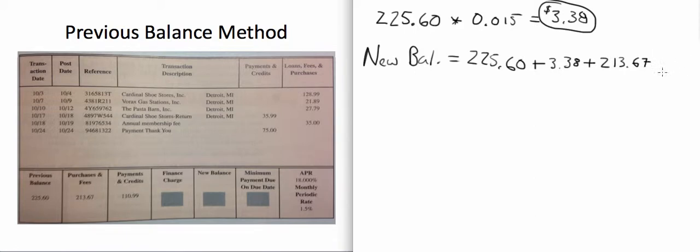Once we add these three values together, we subtract our payments and credits, in this case 110.99, and that gets us our new balance. When we do all this work, we get an answer of $331.66, and that becomes our new balance. The minimum payment on the due date we don't necessarily worry about for this case, so we're filling out those two things.